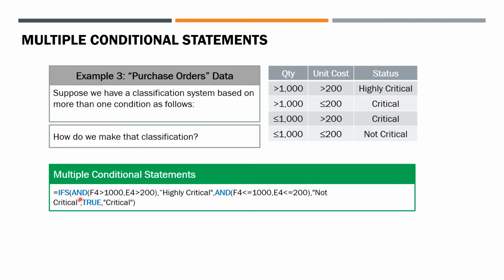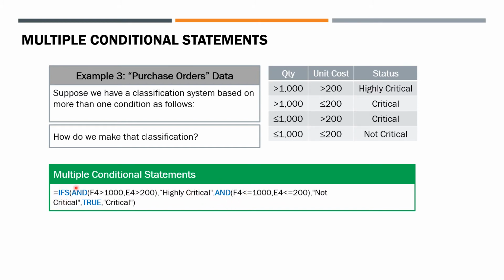In the IFS, the first function here, the formula language is like: if F4, the quantity, is more than 1,000 and the unit cost is more than 200, it is considered as highly critical. And because this is the IFS function, you do not need to write another IF here, just move to another criteria.